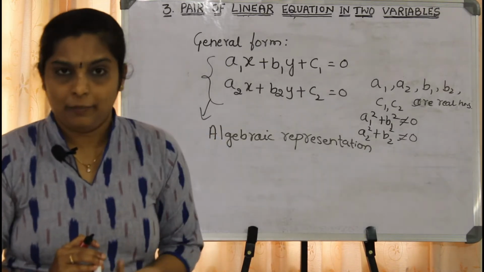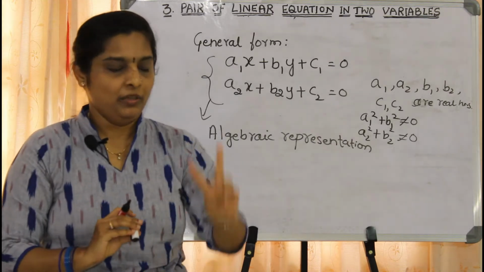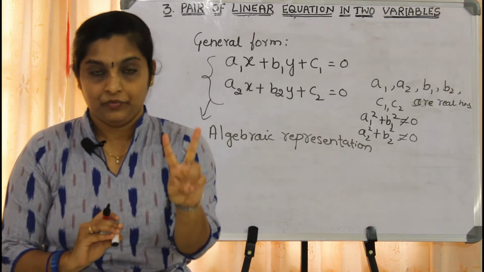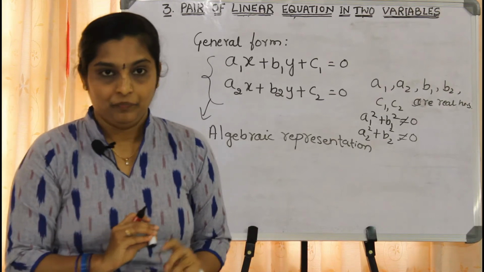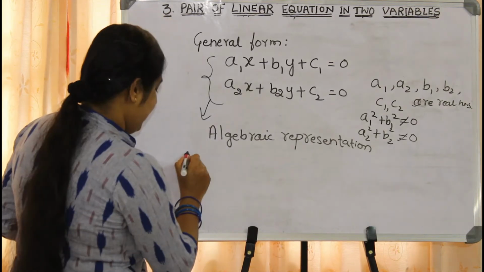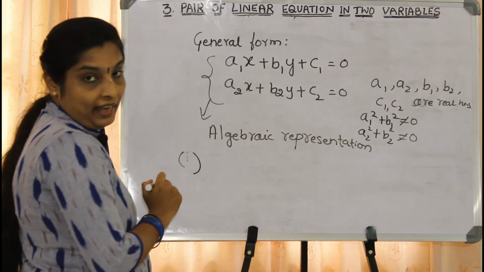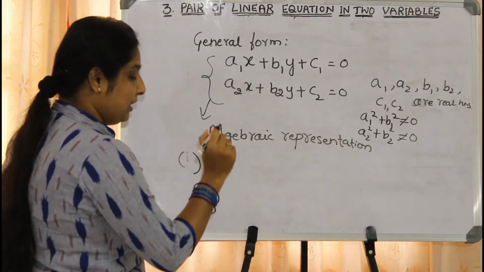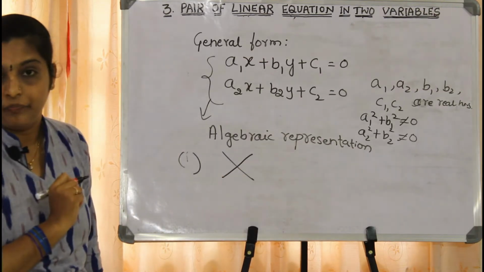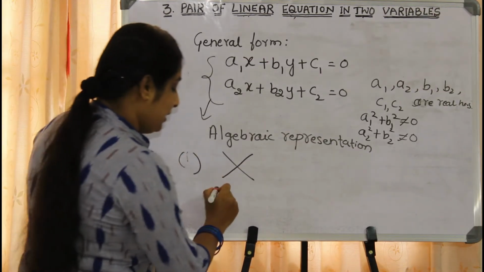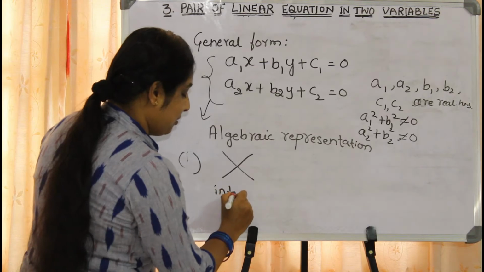Before representing them graphically, let us assume there are two lines, how can they be? There are only three conditions which can happen. First, two lines can cut each other like this, or we can say intersect.